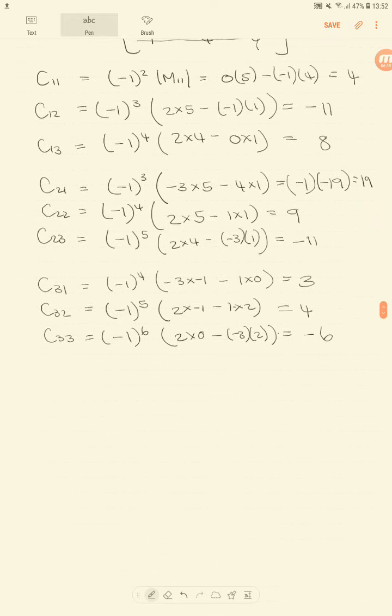So now we can establish our cofactor matrix, which is 4, minus 11, and 8, 19, 9, minus 11, 3, 4, and 6.